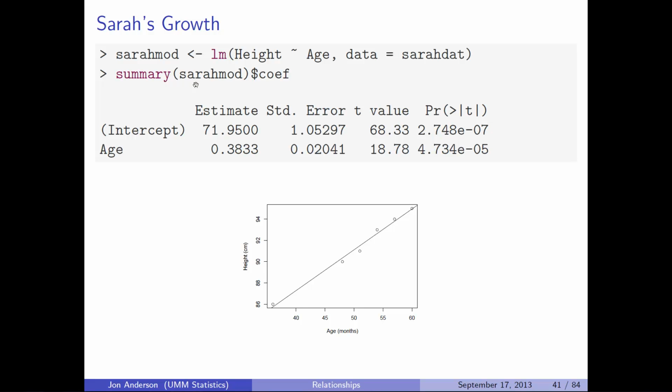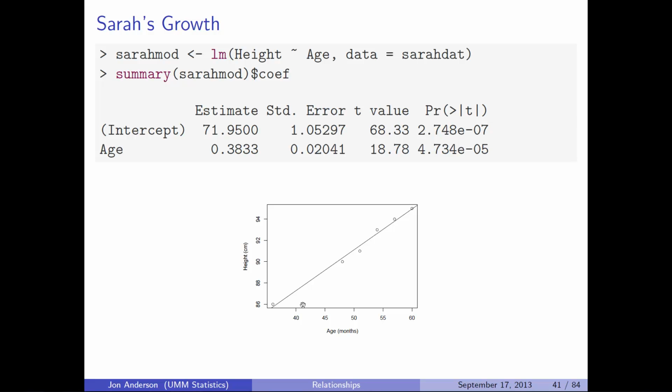Right here we do summary of Sarah mod, and we look at the coefficients of the line, and what we see from this output is an estimated intercept of 71.95 centimeters. That's the y-intercept. When this line goes back to 0 months of age, that's the value where the line cuts the y height axis, and the slope of this line is in the row called age, and it's 0.3833.